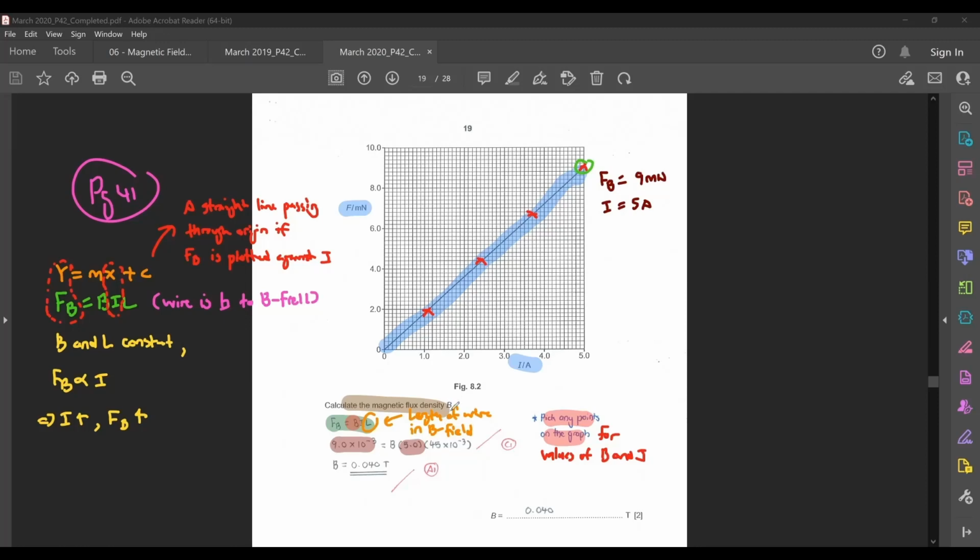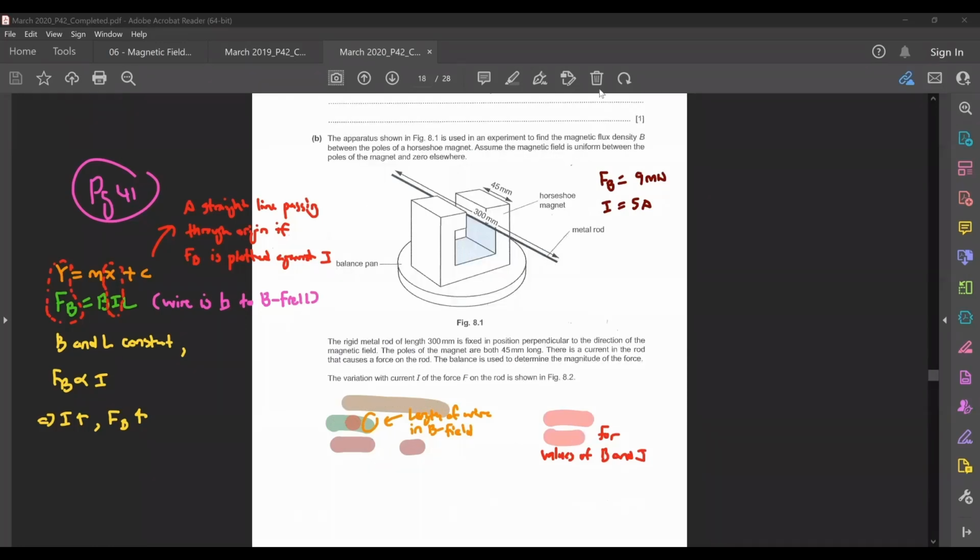It isn't necessarily the entire length of the wire. It just needs to be the length of the wire inside your magnetic field. So if you look at the diagram in the previous page, there are two different lengths. A 300 millimeter length followed by a 45 millimeter length. Since the length L that you want must be the length of the wire inside the magnetic field, it should be this 45 millimeter here.